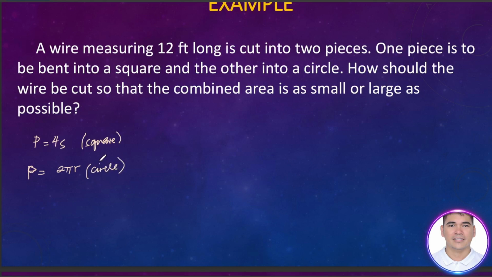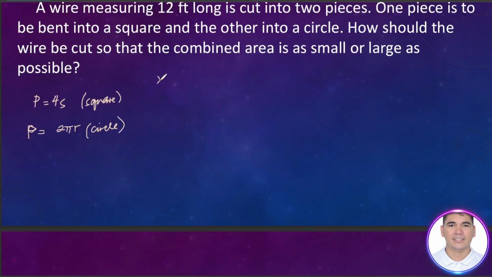Now we let x feet be the length of wire for the square, and the remaining material, 12 minus x, will be the length of wire for the circle.